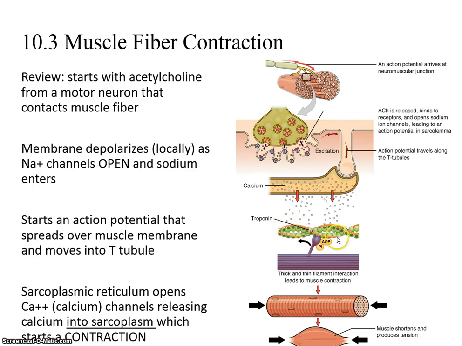Because up to this point, tropomyosin had been covering a place on the actin where the myosin could bind. So without that calcium binding to the troponin, the tropomyosin will not allow myosin to bind to actin. And if myosin can't bind to actin, you can't get a contraction.